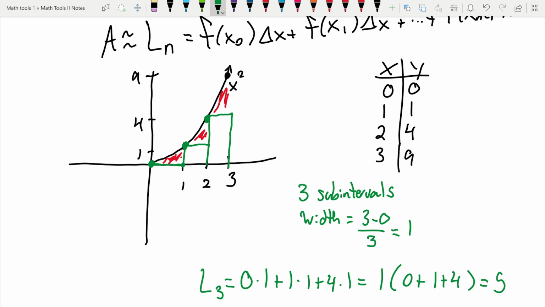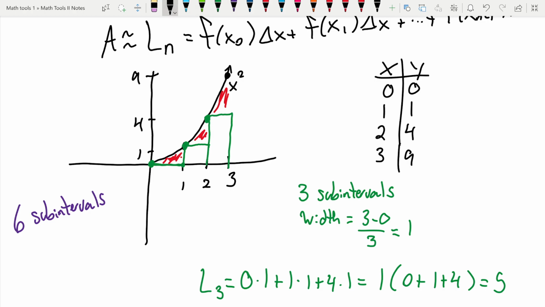Okay. Now, if we want this to be maybe a bit of a better approximation, what we could do is we could divide it into more rectangles, right? So we could make these smaller rectangles. So maybe we do 6 subintervals. Okay, so I'll do this one in purple here.